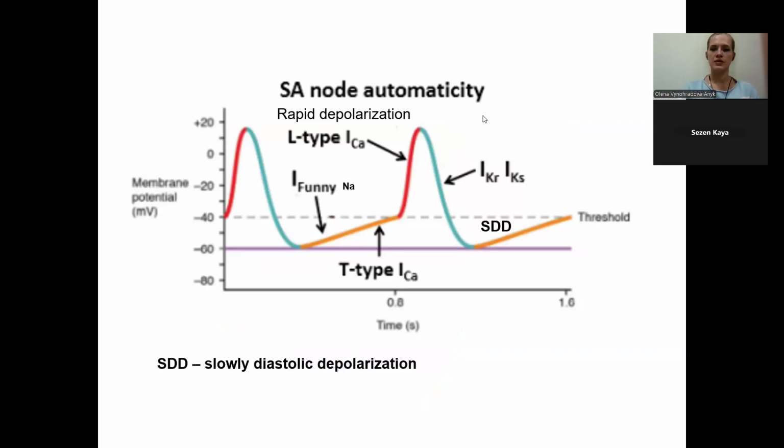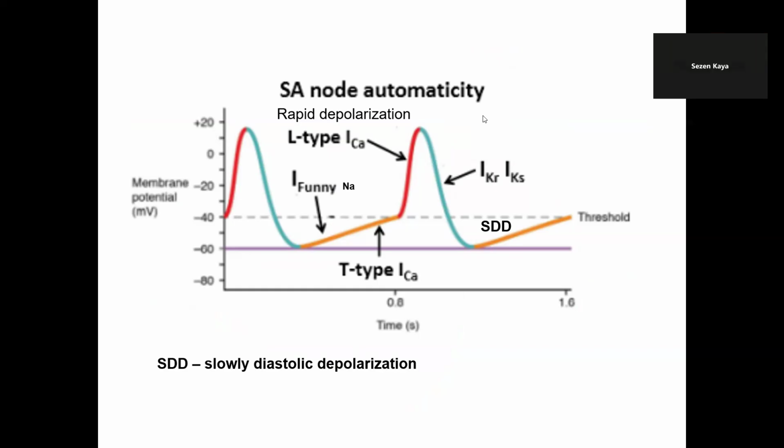What else will I explain to you today? How does this automaticity work? How do the SA node and other parts of our conductive system work? It depends on a specific creation of the action potential inside our heart.